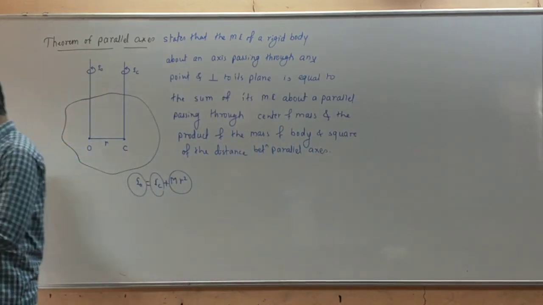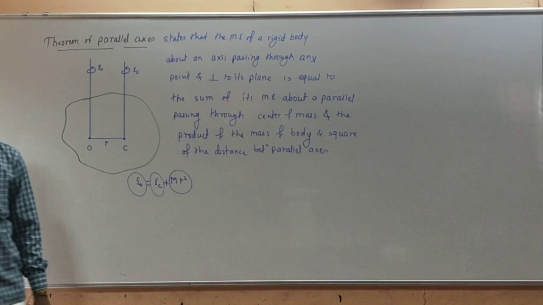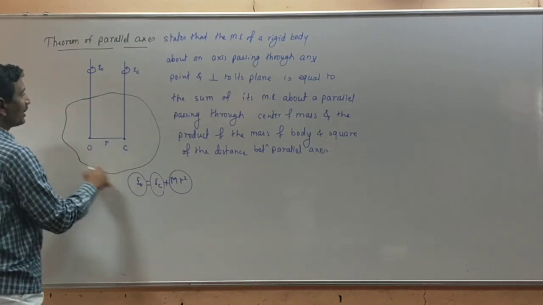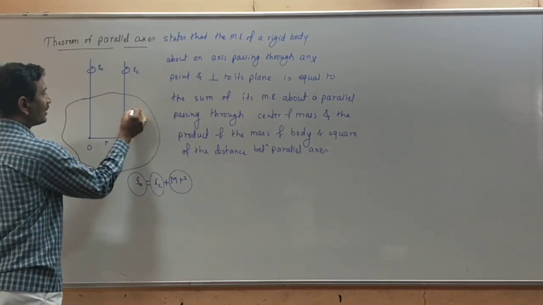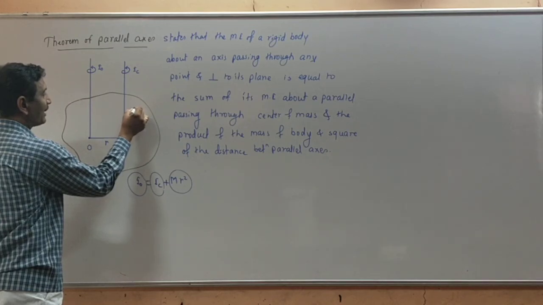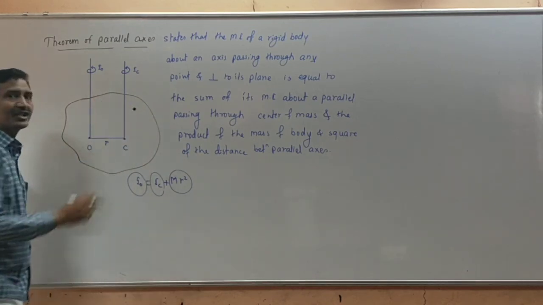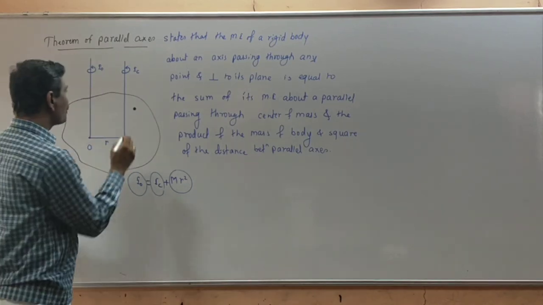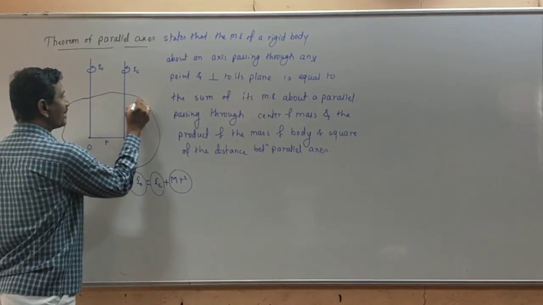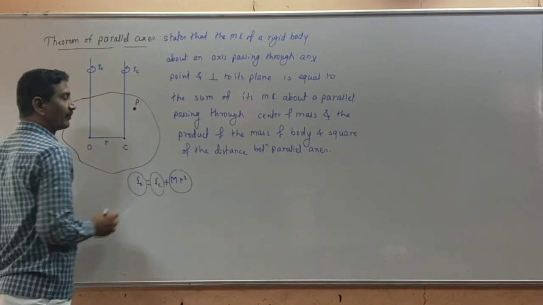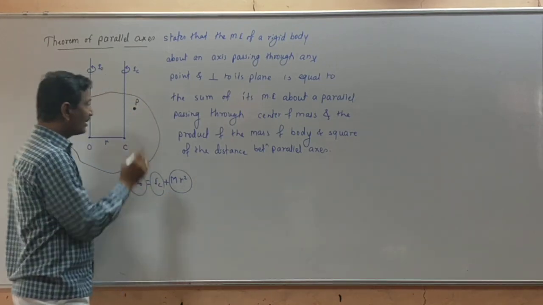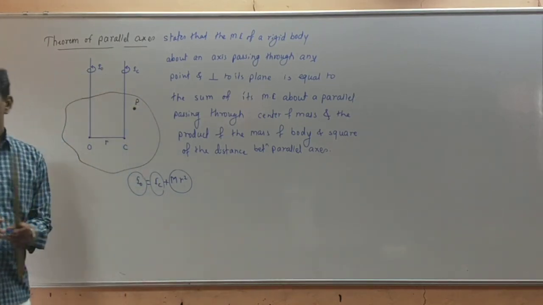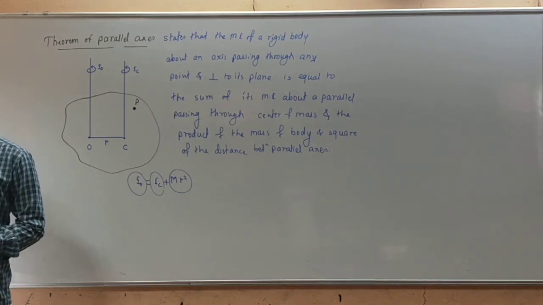So to prove this theorem, we assume that this rigid body is made up of a large number of small identical elements. Consider one such element whose mass is dm. It is situated at point P. Here we assume that dm is the mass of that small element.